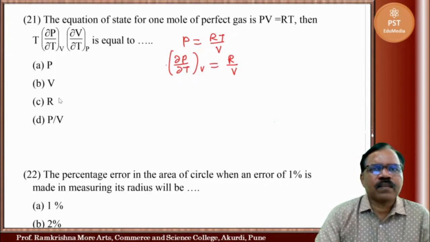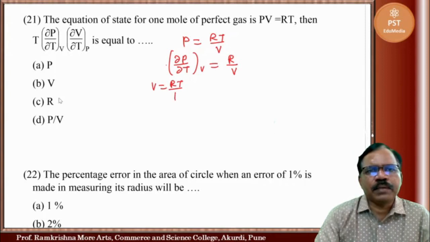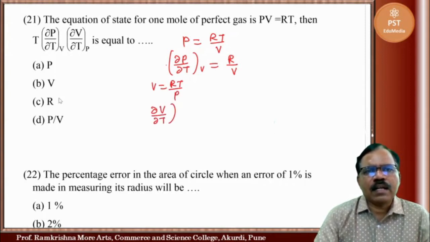Similarly, we can write V = RT/P, and ∂V/∂T at constant P will be equal to R/P.